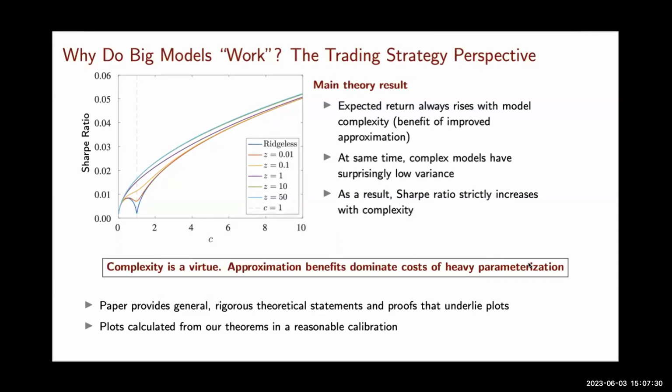Because all models are approximations, once we take into account model uncertainty, then the smaller models not only have high bias, but also high variance because of the model misspecification risk. So what you're doing here is you're reducing the bias, of course, with a more complex model, and you're able to control the variance as well with regularization.